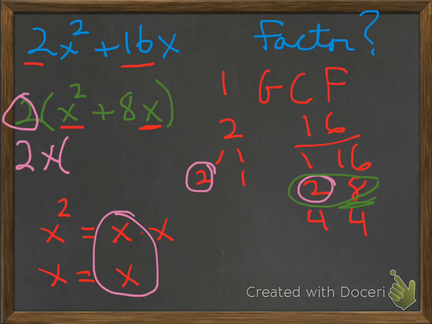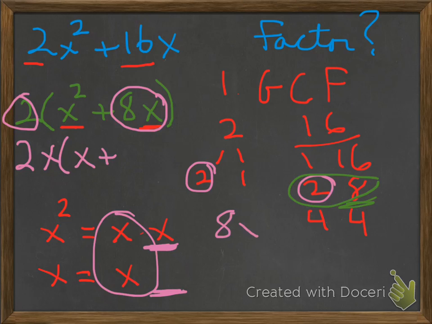And then of course when I factor something out I have to put my parentheses. So I put my parentheses there. And then what is left when I take an x from x squared? Well, if we look back down at our multiplication, just an x is left. Now if I take an x away from 8x, well, there's nothing here. Well, it's not 0, it's actually an implied 1.